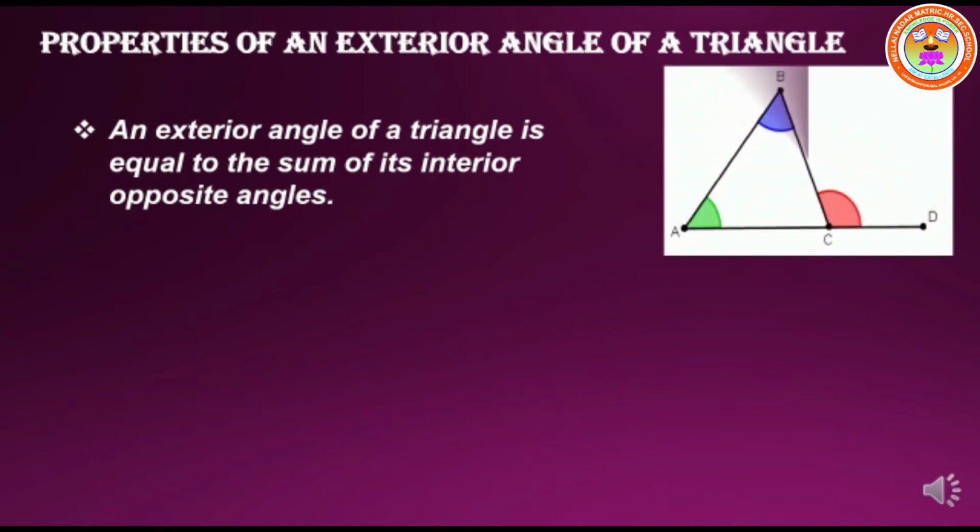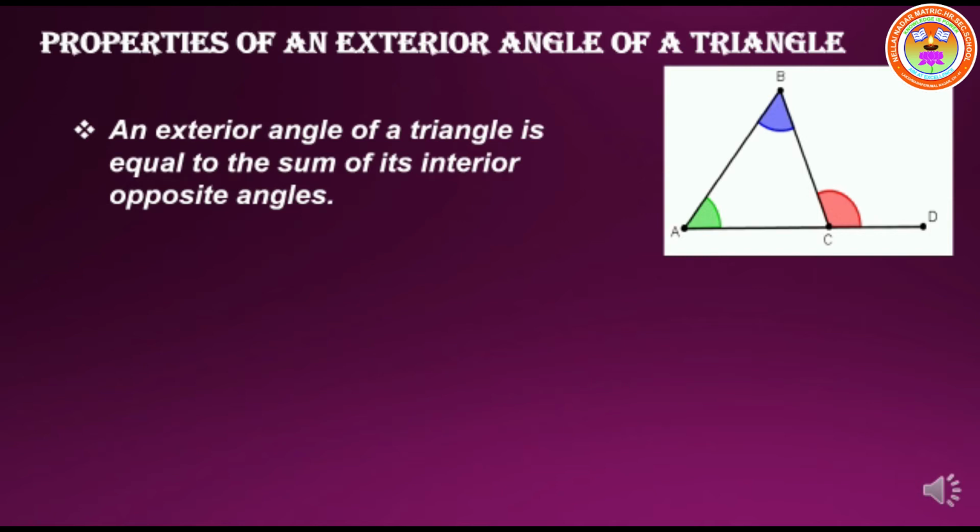So here you have the triangle ABC, and AC is extended to D. So now there is an angle formed exterior to the triangle, that is angle BCD is the exterior angle of the triangle.